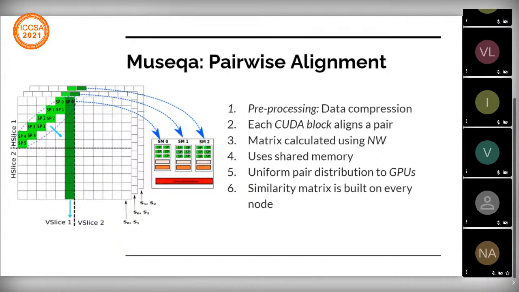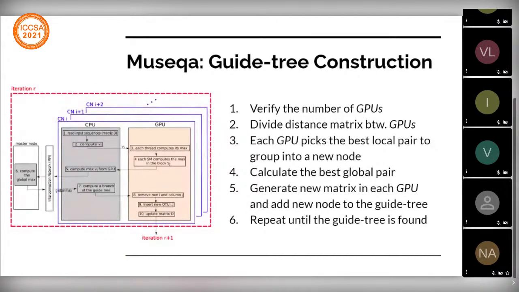In the next step, we use this distance matrix between the sequences to build a guide tree for our final multiple sequence alignment. This guide tree would be something similar to an evolutionary tree. The idea behind it is to group different sequences which are closely related.